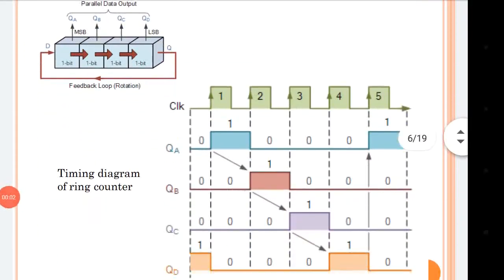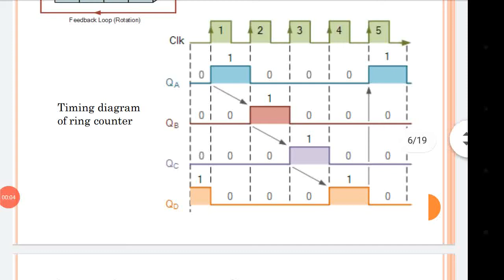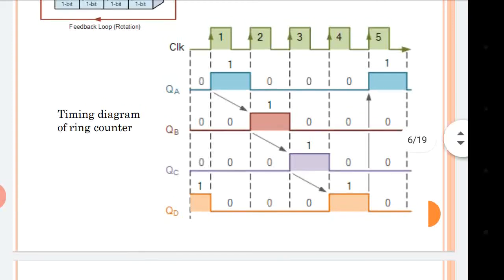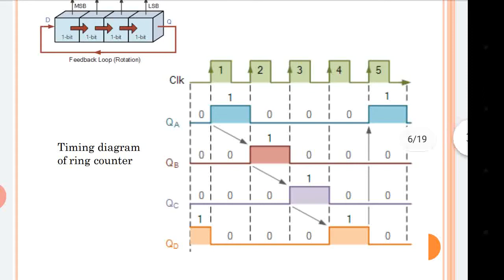So this is how the 1 will shift in a ring from QA to QD as in a ring counter. Same thing we can experiment by setting 2 ones in a loop, that means by connecting the preset of 2 flip-flops and the clear of the remaining 2 flip-flops.